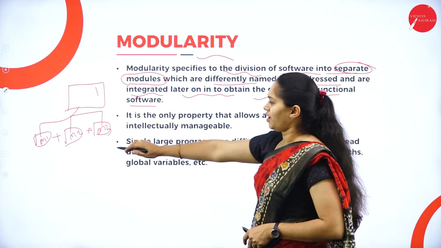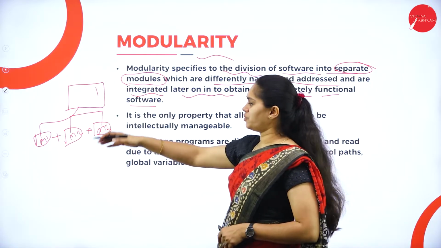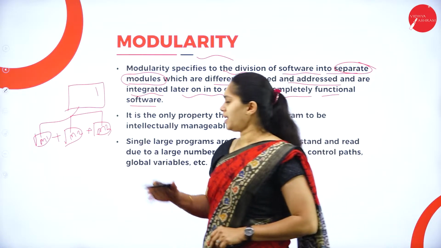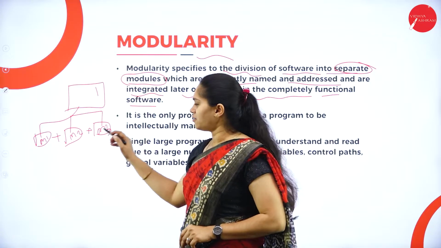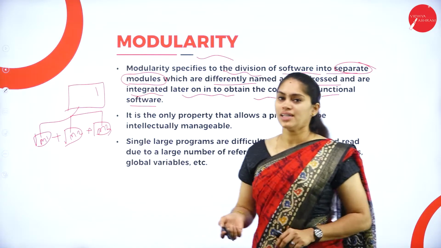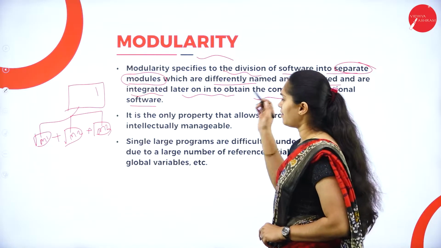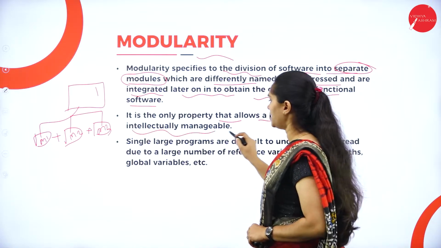Also, when we divide the software into a number of modules, each module will be dependent on others, so it's not fully independent. It depends on one or another of the other modules in the software development. Mainly that allows a program to be intellectually manageable.